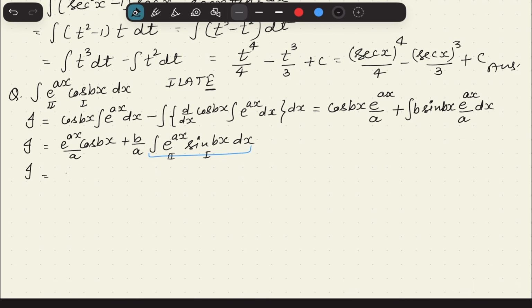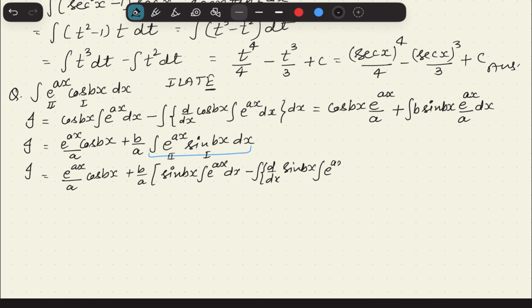So I is equal to e to the power ax upon a cos bx plus b by a sin bx integration e to the power ax dx minus integration differentiation of sin bx and integration of e to the power ax dx dx plus c.